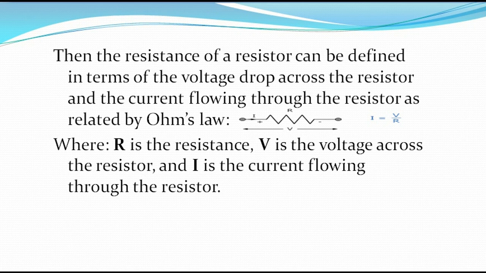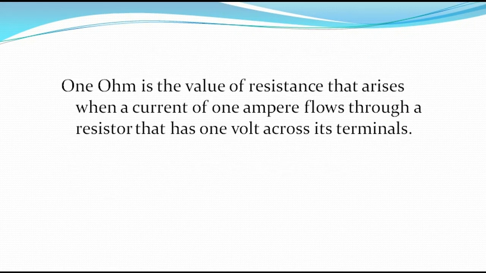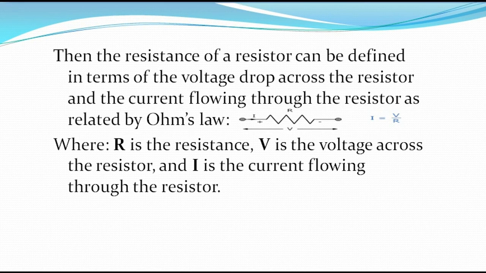With this symbol, voltage or current passes through plus and goes to negative. From what I explained, 1 ohm is the value of resistance that rises when a current is passing through a resistor. And a current cannot move without a voltage.